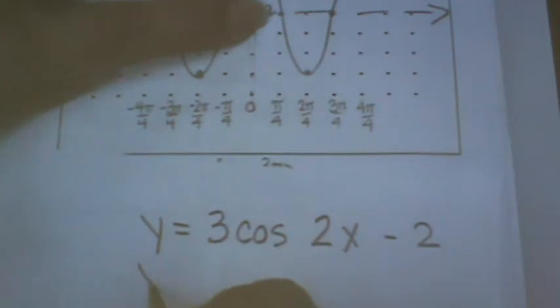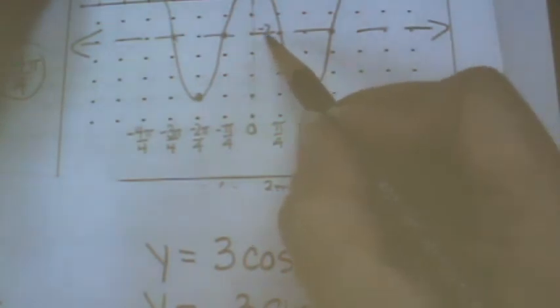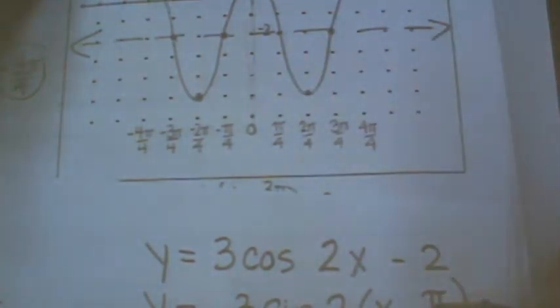What if I started here? -3 sine 2, and then x minus pi over 4, -2. Are you getting this? So you just look at where you start? Yep, that's your phase shift. So if I started right here, it's a shift pi over 4 units to the right, which is minus pi over 4. And it's upside down.